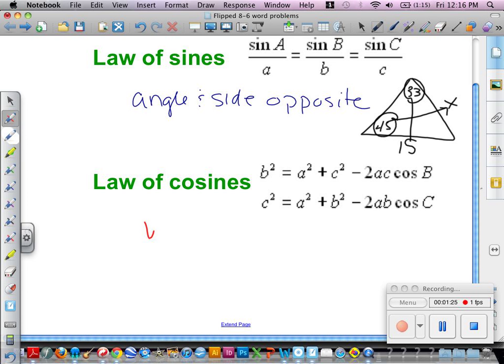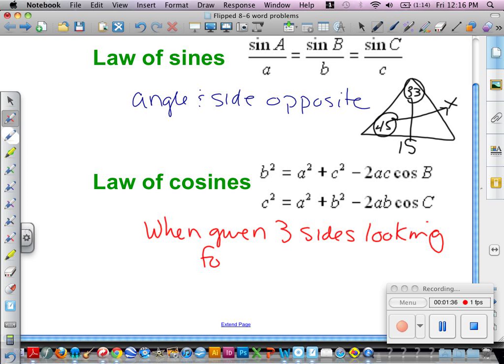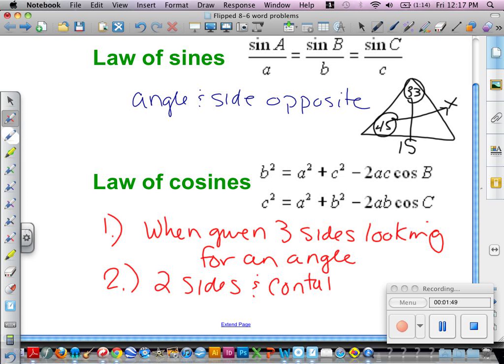You use the law of cosines when you're given three sides and you're looking for an angle, or when you have two sides and the contained angle, that would be the angle between those two sides.